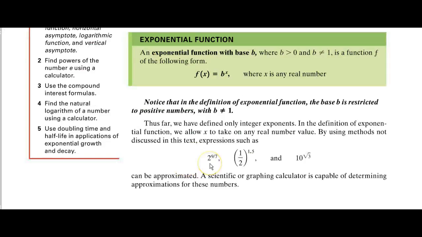So a few examples of exponential functions. We see we have fractional exponents up there, and even the square root of 3. Now, these are easy to figure if you're using a graphing calculator or any kind of calculator to put your info in.